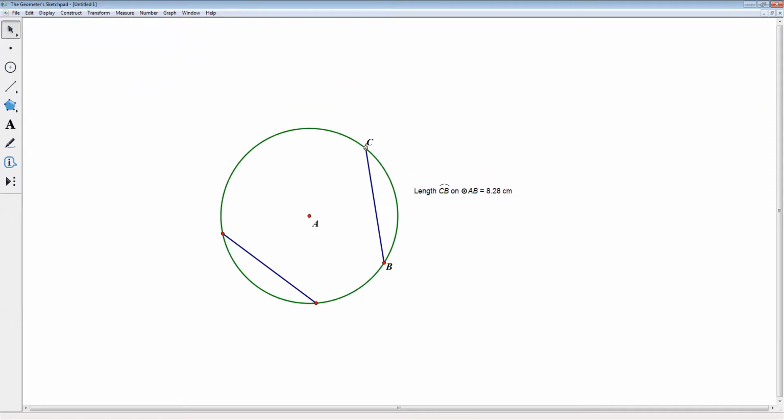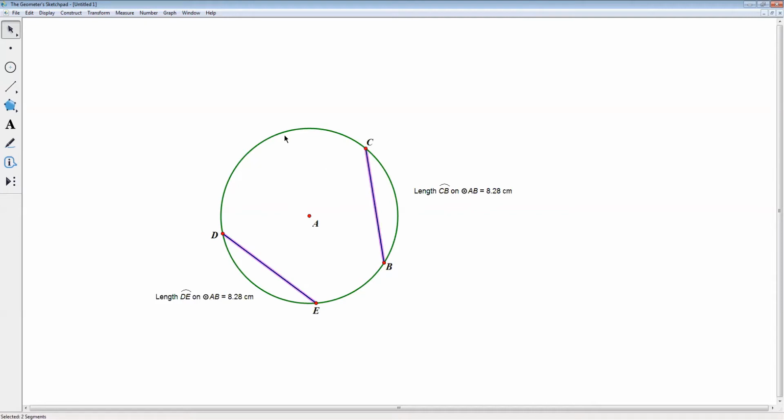So we got arc CB has a length of 8.28 centimeters. And let's measure this arc length. Click the wrong button. DE, measure arc length. There we go. So we got two congruent arcs.